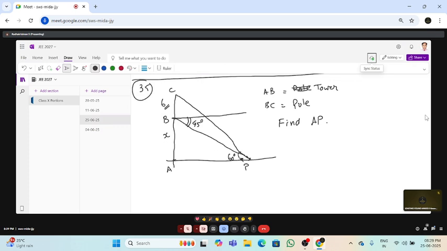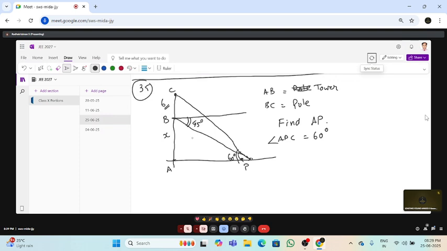And it is given that the angle of elevation of the top of the pole, that means this angle APC, is given as 60 degrees. And the angle of depression of point P from the top of the tower, that is this angle.